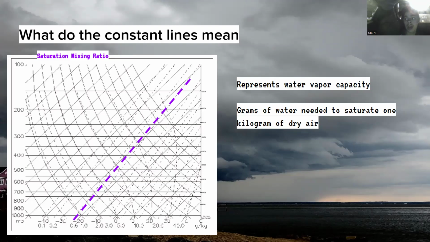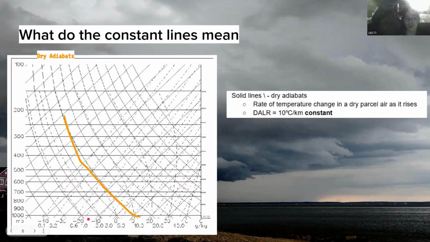And what that trace can then do is tell us things like CAPE, which will help us determine possibility of storms. So that's the reason. And that parcel trace that we do is based off of these lines. So that's the reason why they're there and why we might use them for something.